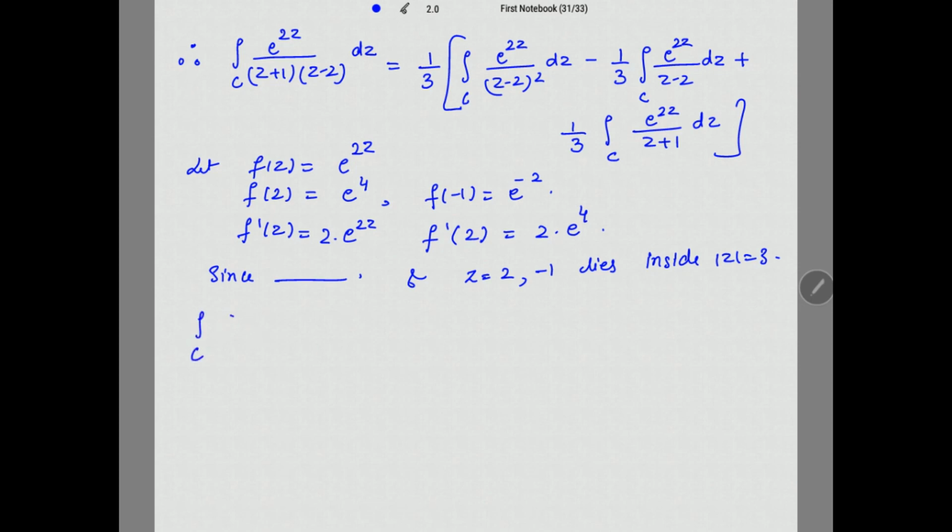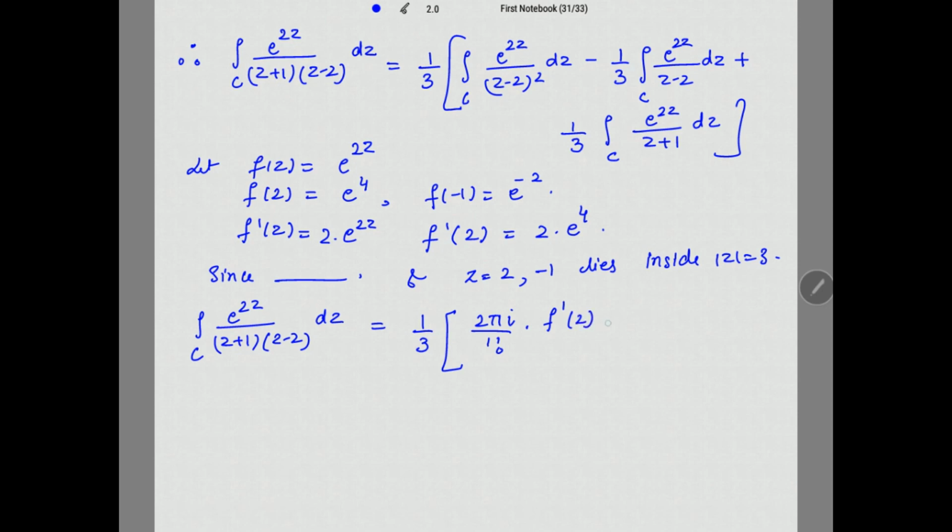Integral over C of e^(2z) over (z plus 1)(z minus 2) dz is equal to, for the first term, using Cauchy's integral formula, 2 pi i over 1 factorial into f'(2).